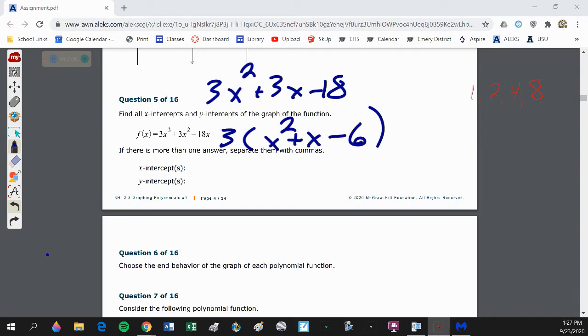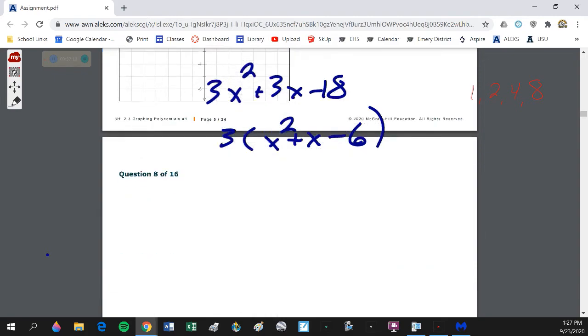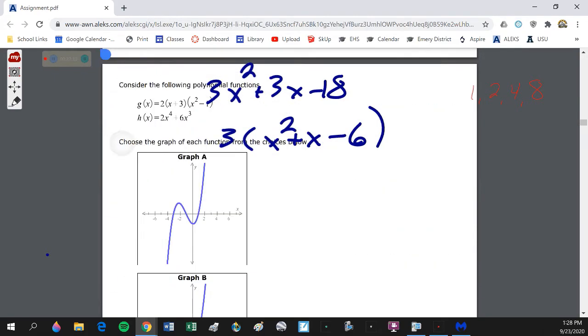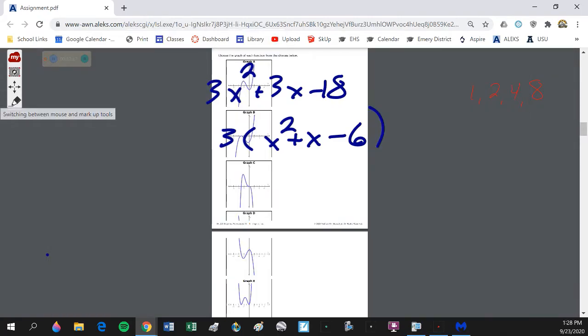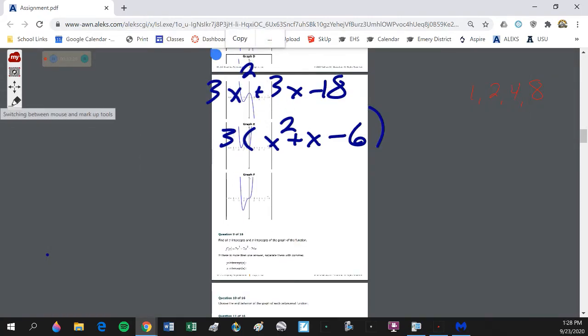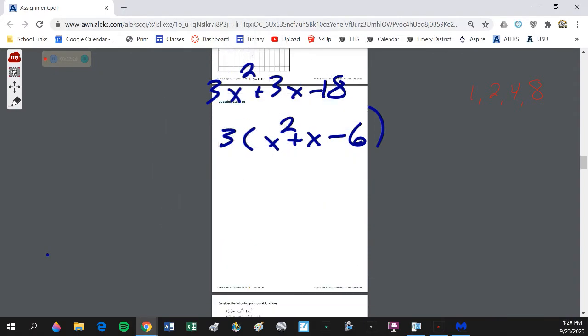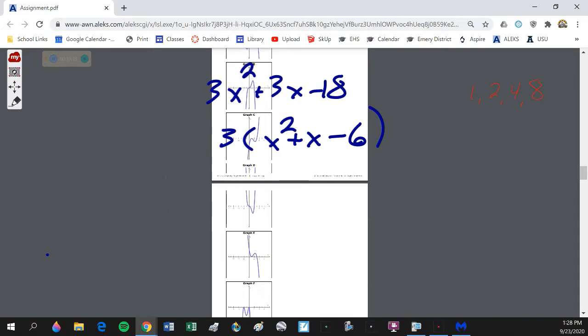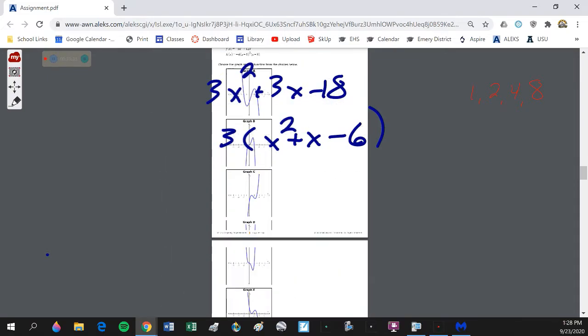And then I can factor it. So that one I didn't need to use division. No, that one's the same way. I'll show you.